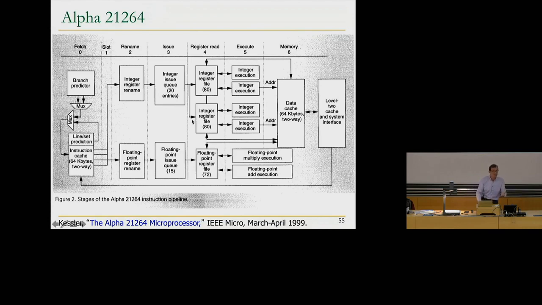In order to do that, assuming that you want to execute 4 instructions in a cycle, each of them reading 2 registers, you need to have 8 ports to the register file. They said this is too complex for us to design within the cycle time constraints, so they designed a 4-ported register file and duplicated it, and ensured that they remain consistent. That's why you have these 2 integer register files over here, so they can execute 4 integer operations. And that's the pipeline that they had. It's a relatively shallow pipeline.